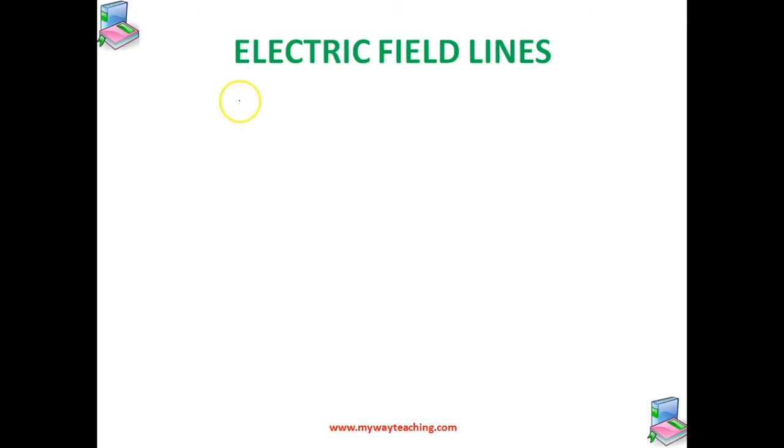Now let us study electric field lines. We studied electric field, and now it's time to study electric field lines. This electric field is a vector quantity and we can represent it as a vector.